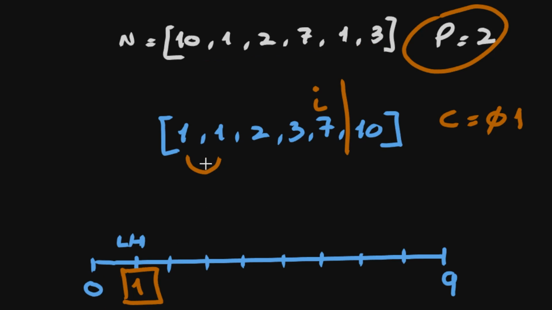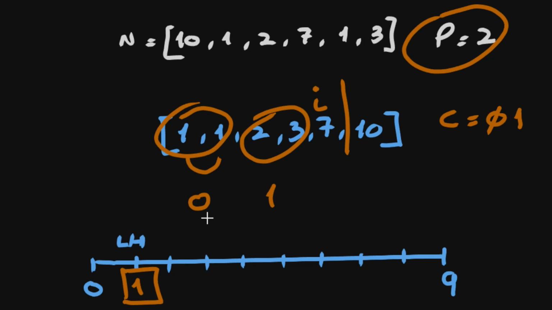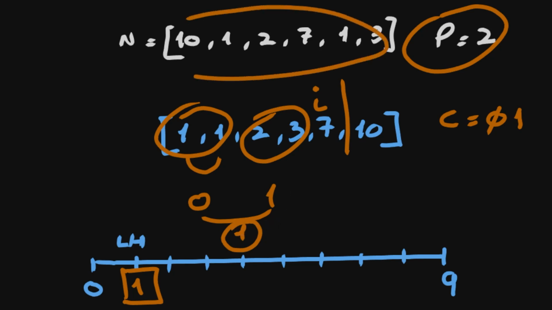And more specifically, the chosen pairs here are this and this. The difference here is 0 and the difference here is 1. The maximum difference between these two is 1. And this is the minimum maximum difference that we found here.